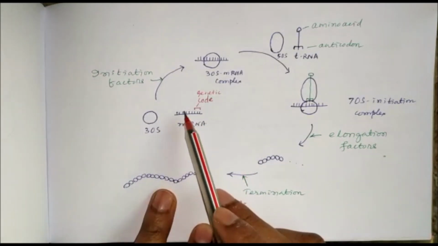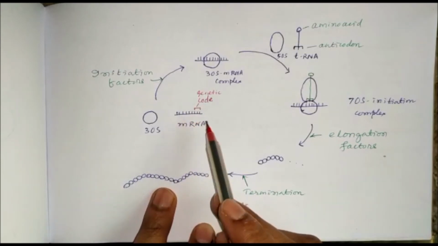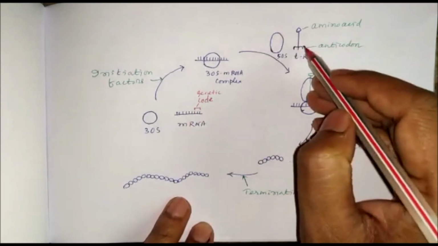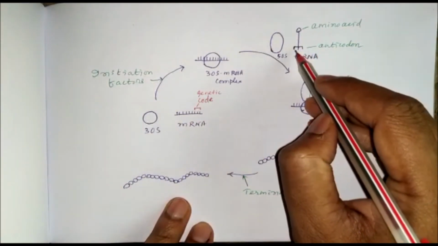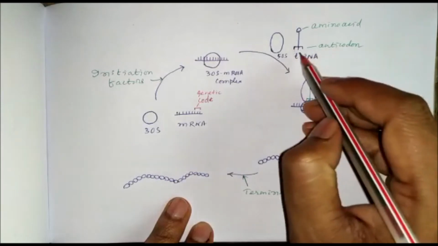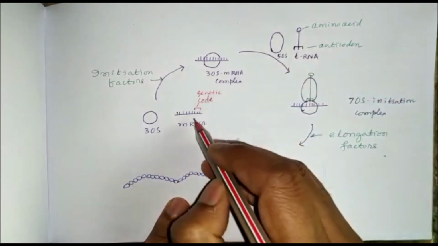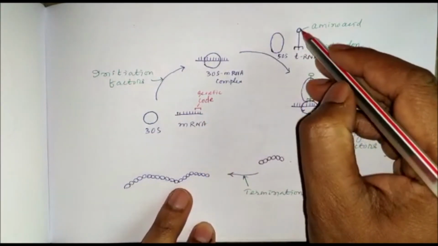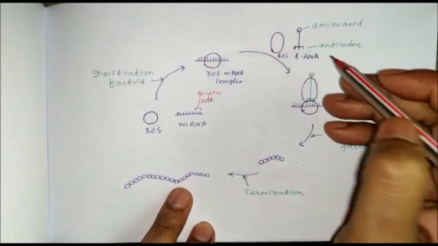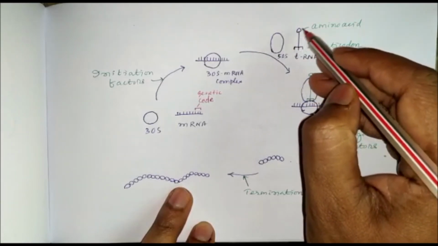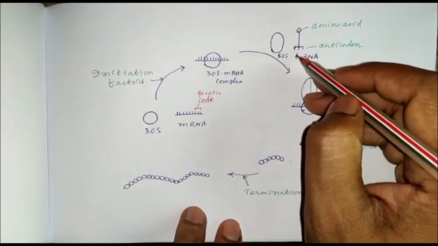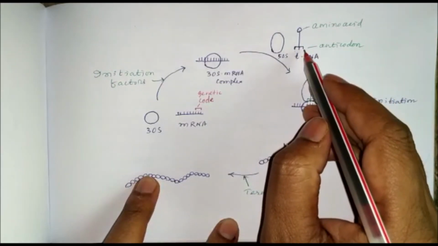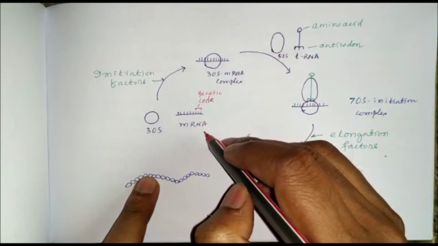Then this messenger RNA has codons, and to each codon there is an anticodon, and you can see this tRNA. tRNA has an anticodon, three bases complementary to that of the mRNA, and this anticodon is linked to one amino acid. So in tRNA, at one end we have the amino acid and at the other end we have the anticodon in triplet, complementary to the codon in the messenger RNA.